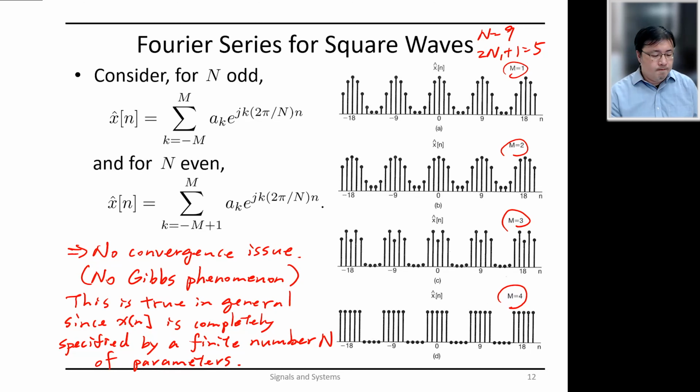This is in contrast to the continuous time case where we need to take the summation over infinite terms. For continuous time signals, you would require an infinite number of parameters, an infinite number of these Fourier series coefficients, in order to well represent your signal.